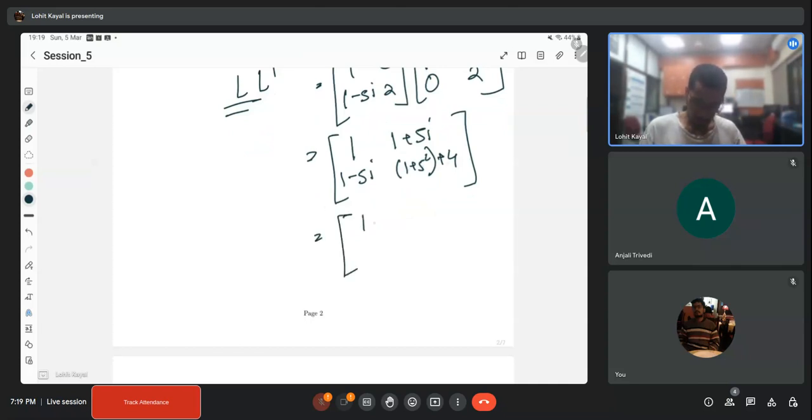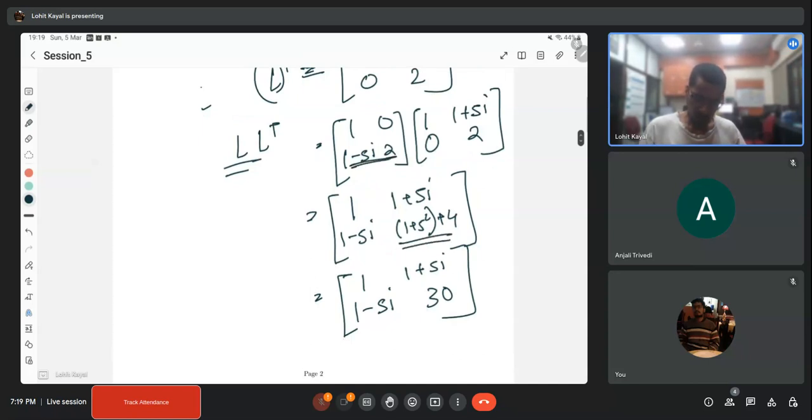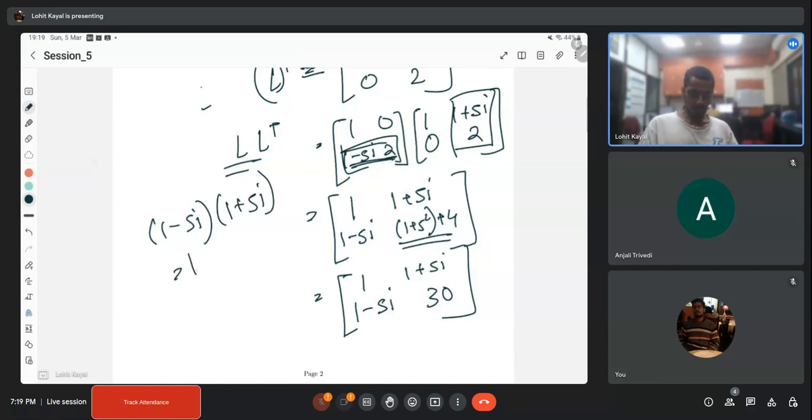So the matrix will be 1, 1 plus 5i, 1 minus 5i, and 30. This term appears from the second row and second column: 1 minus 5i times 1 plus 5i is equal to 1 plus 5 squared, plus 2 squared. So the final result is 30. So this is your matrix using Cholesky's method.